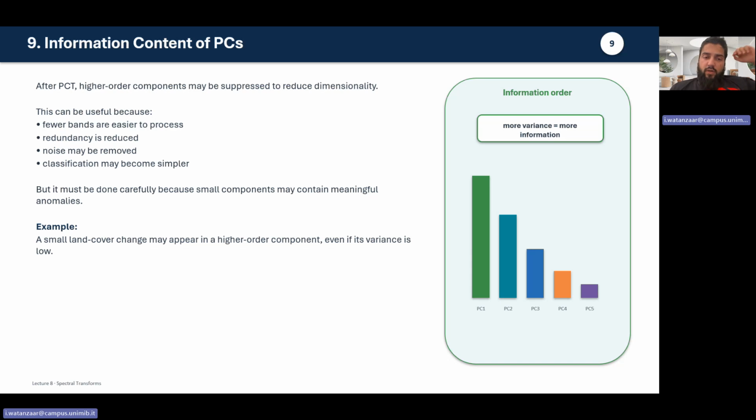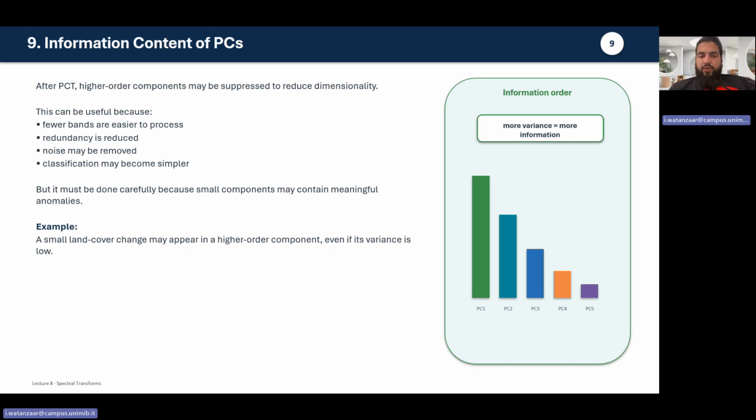An example: a small land cover change may appear in a higher order component. How is this possible? We have to take care in the procedure of reducing to fewer components, because meaningful information can be in the higher components even if its variance is low.